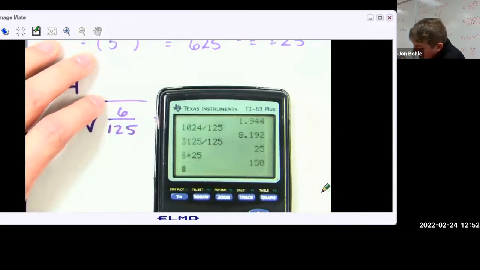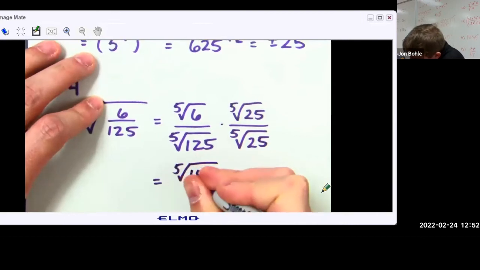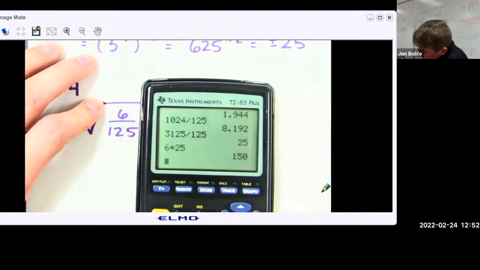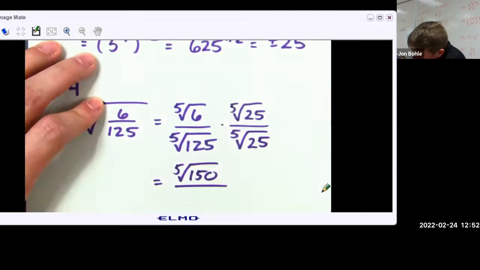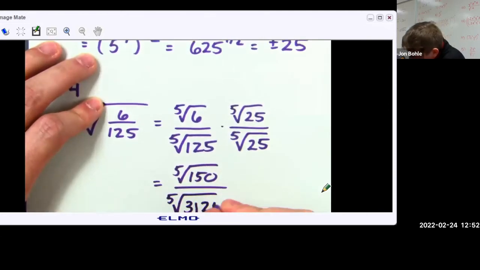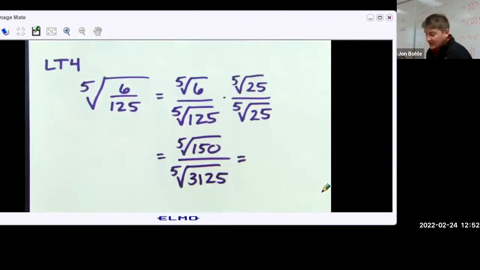6 times 25 on the top, 5th root of 150. On the bottom, 125 times 25. 3125. Isn't that just neat? Because I think 3125 is a perfect 5th power. Get out.